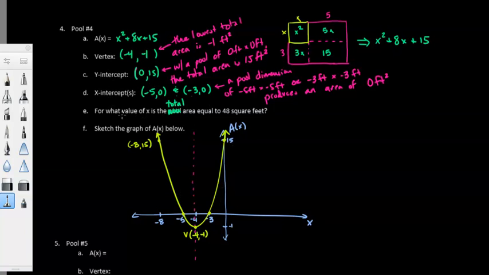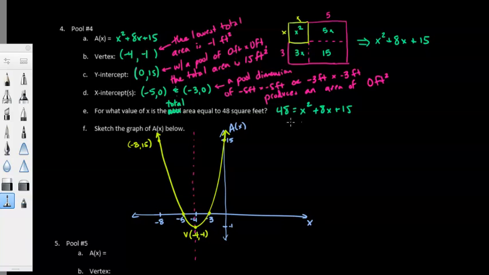And then the last thing it says is, for what value of x is the total area equal to 48 square feet? In other words, this is asking us to solve 48 equals x squared plus 8x plus 15. Solve for what value of x in our function makes this side turn out to be 48.